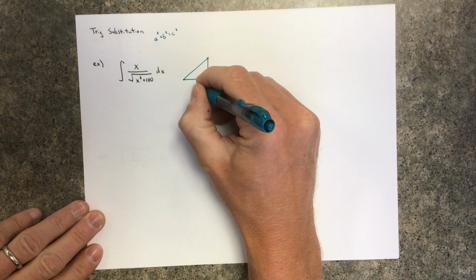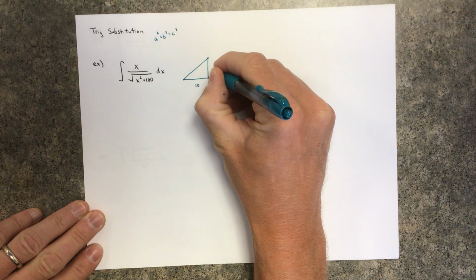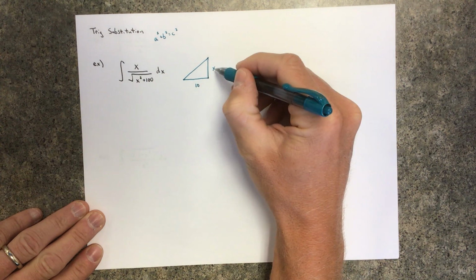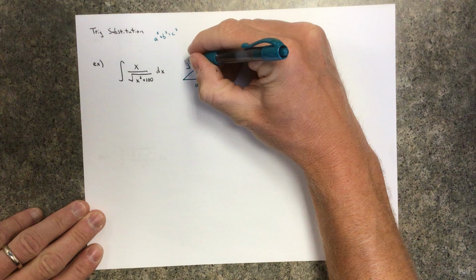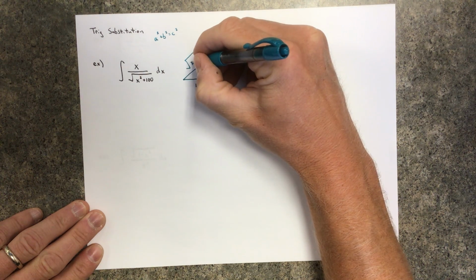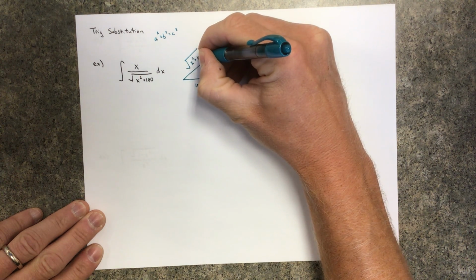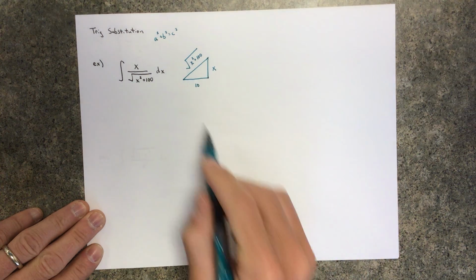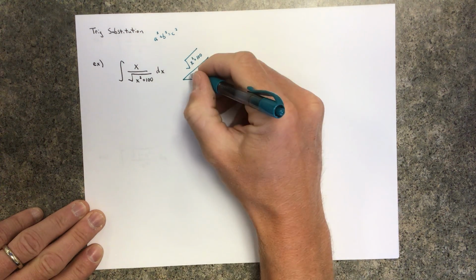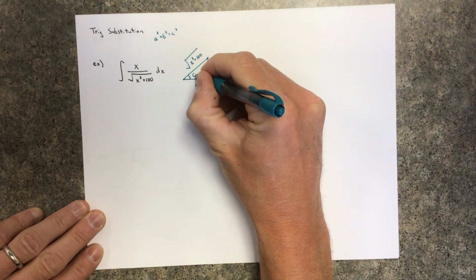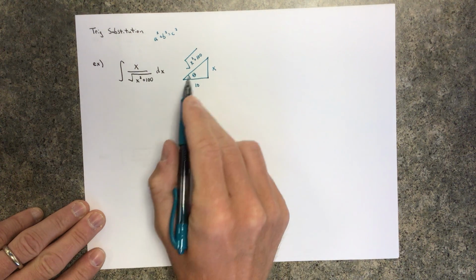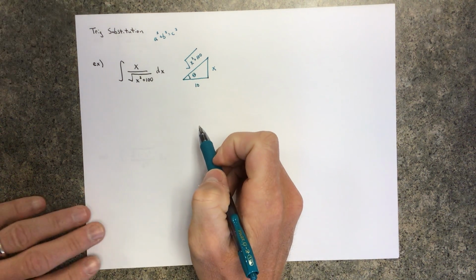Let's make this 10 and make that x. If this was 10 and this was x, then this side length would end up being the square root of x squared plus 10 squared, which is 100. This is just a true relationship for a right triangle, and we'll make that theta.